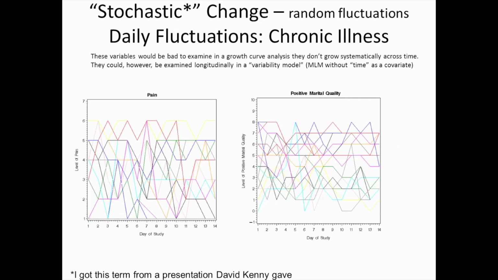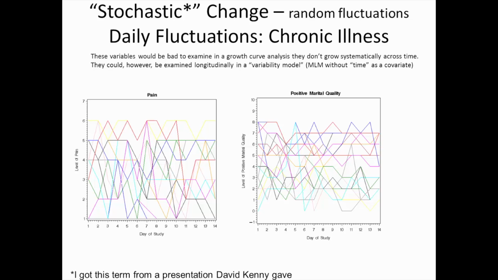Now sometimes we see what's called stochastic change, or random fluctuations in data that don't systematically increase or decrease. These are from daily diary research as well, where there really isn't a systematic change over time of increasing or decreasing.